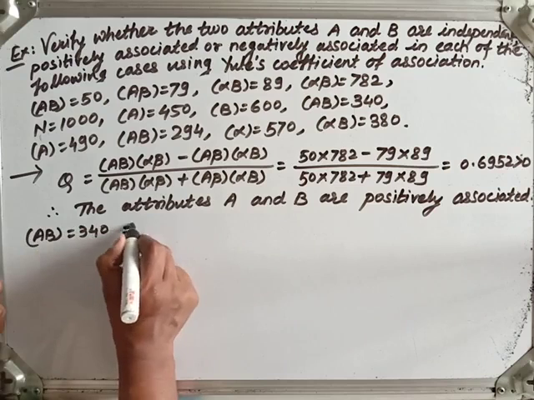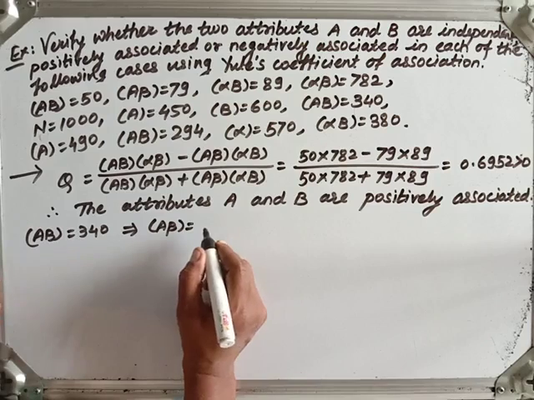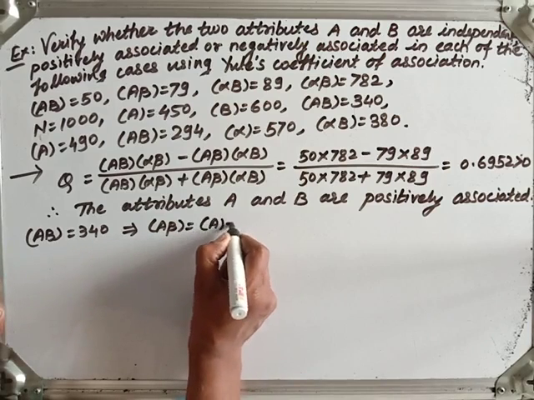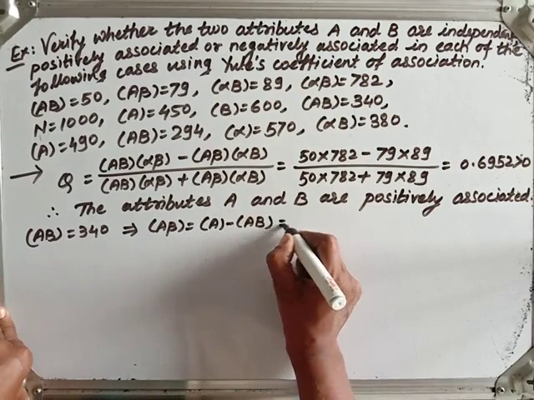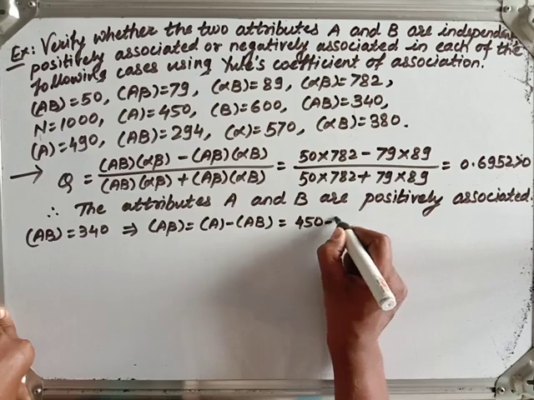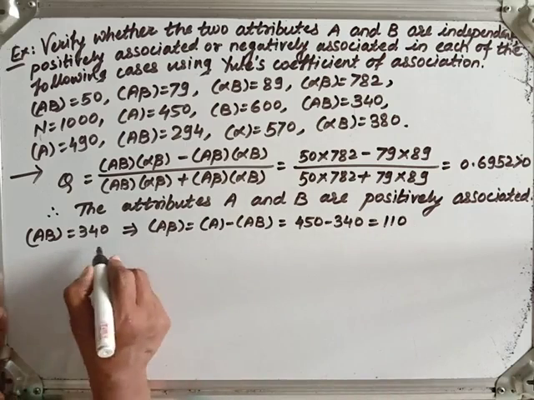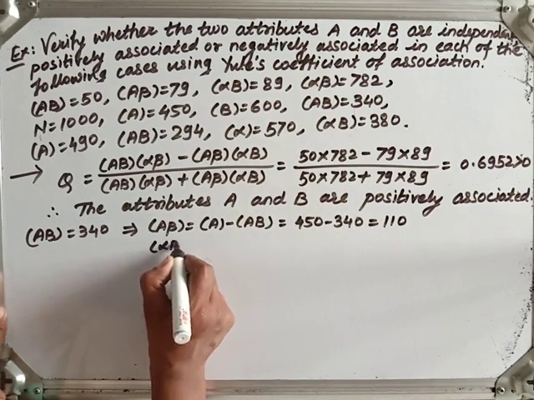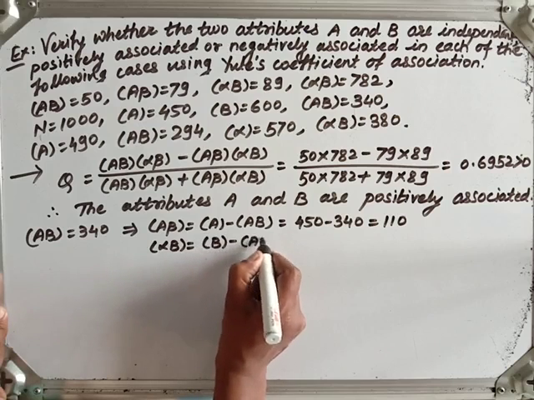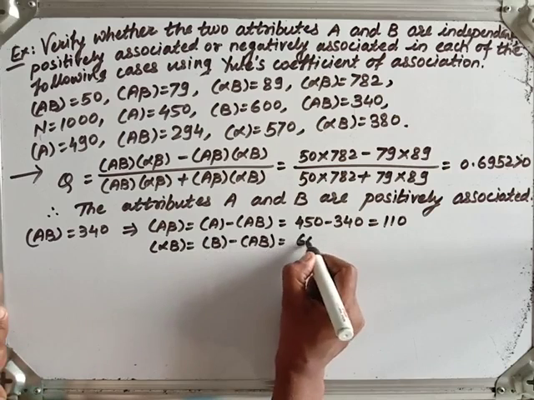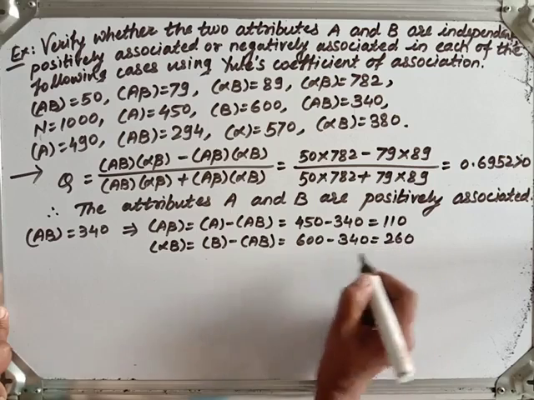Now, next one, AB is 340. So, from that we can determine frequency of A beta, which we need in Q. A beta is A minus AB, that is 450 minus 340, so we get 110. Also we need alpha B, which is B minus AB, so 600 minus 340, which is 260.